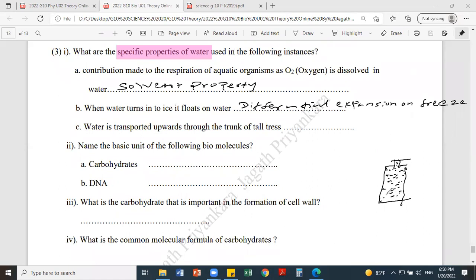There is no space to expand. When the lid is tightly closed and there is no space to expand, it will blast.